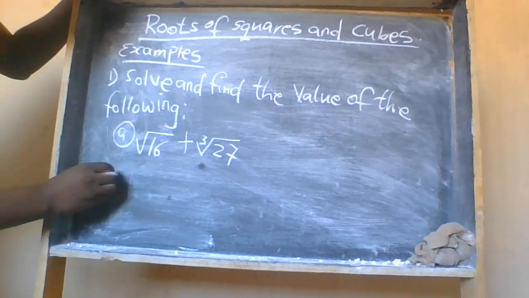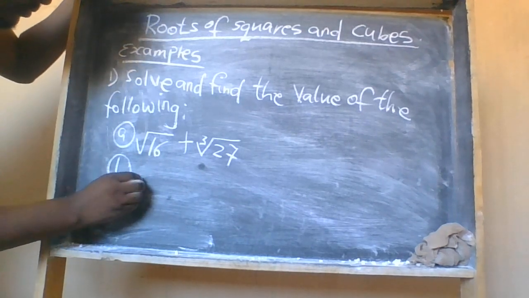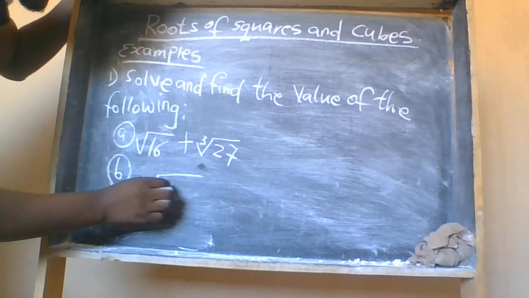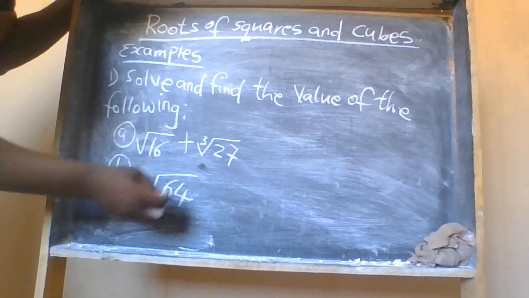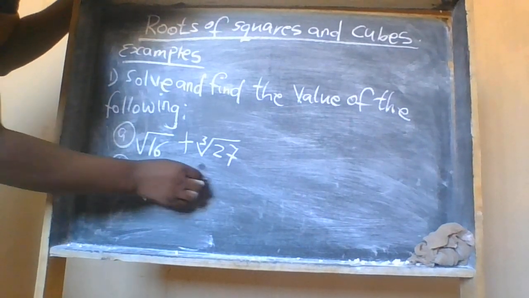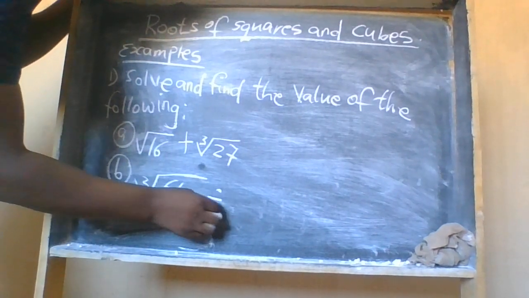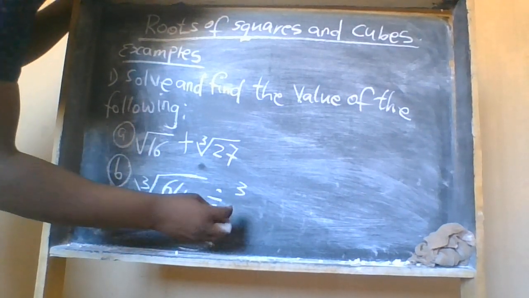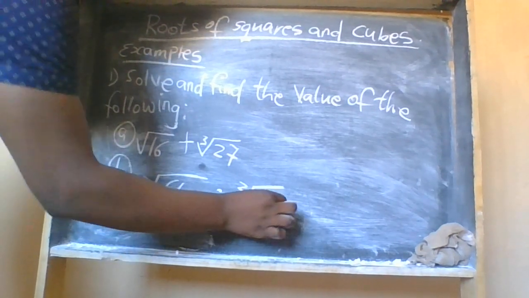Okay, and B, will say cube root of 64 divided by the cube root of 8.